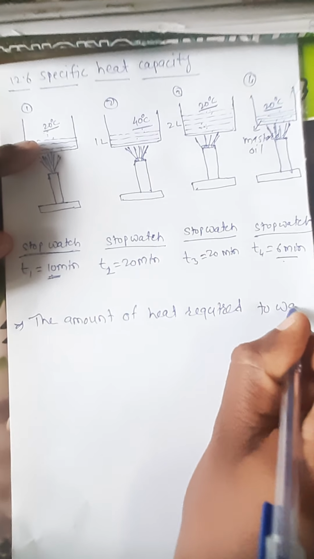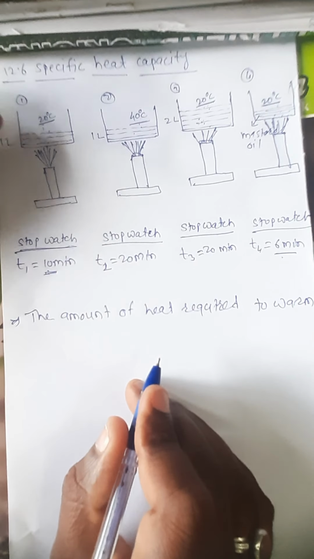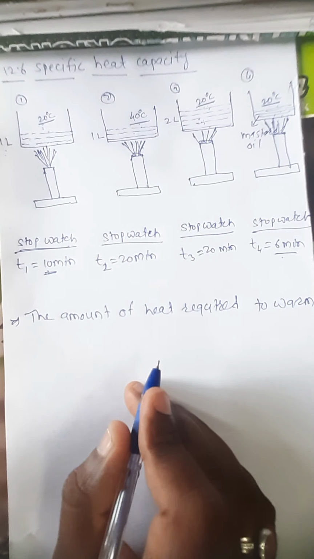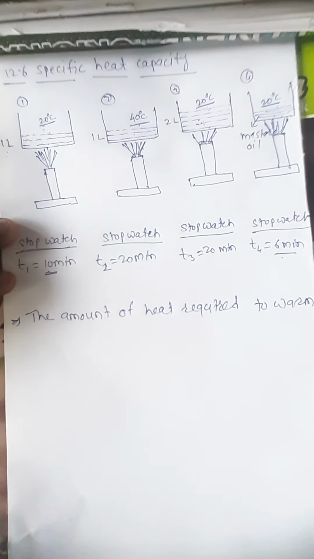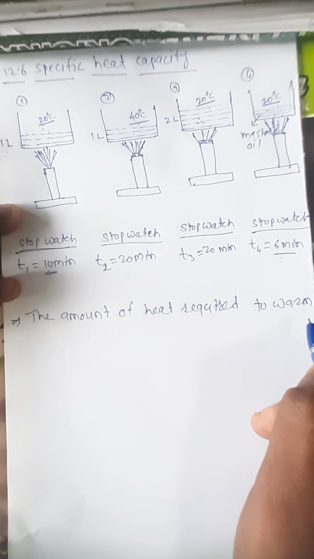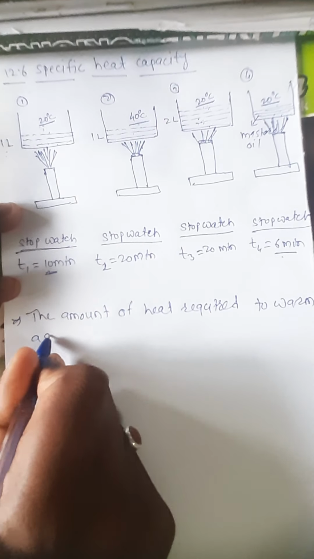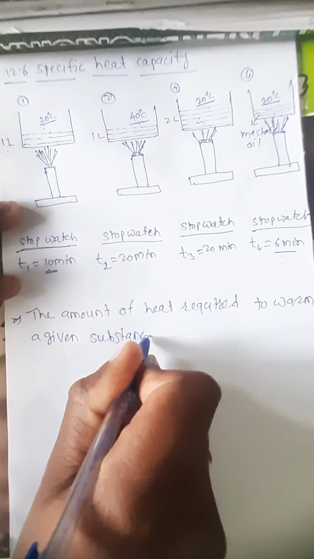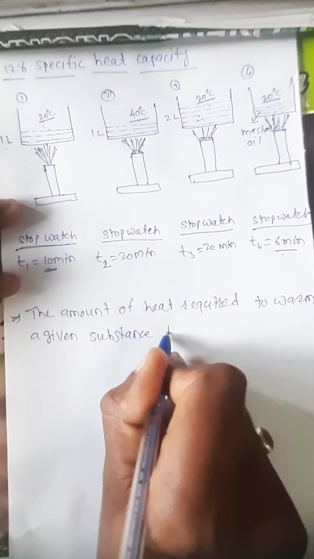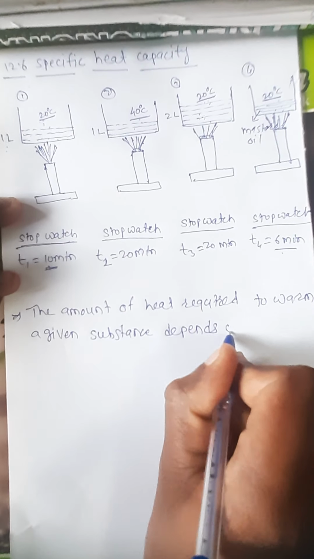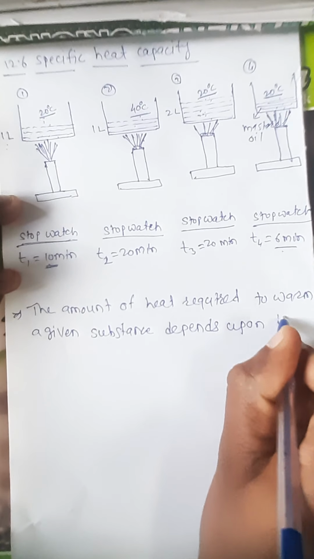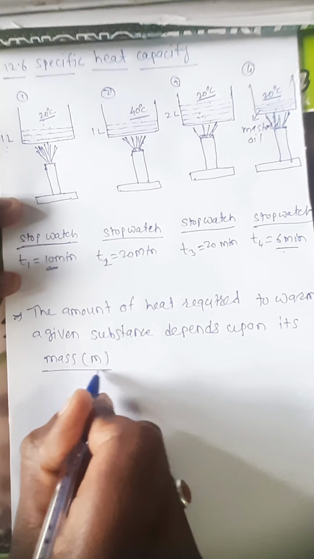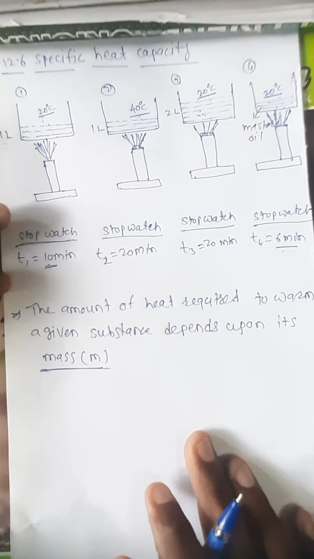By observing all four experiments we conclude that the amount of heat required to warm a given substance depends upon its mass m. If the mass is changed, the amount of heat required is also changed.